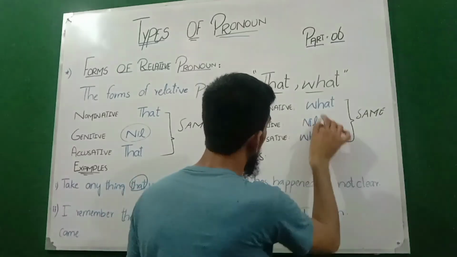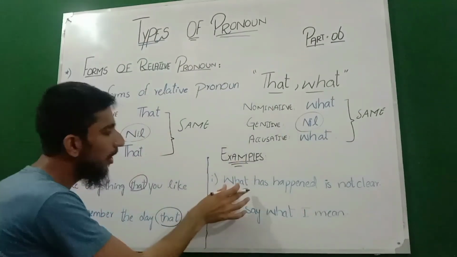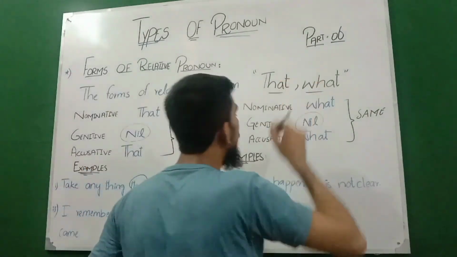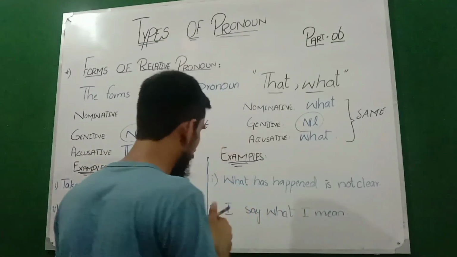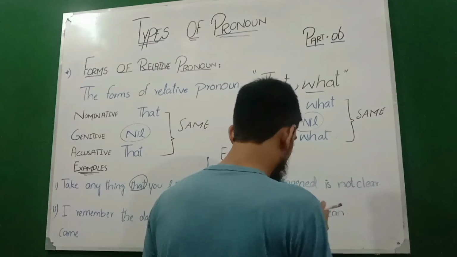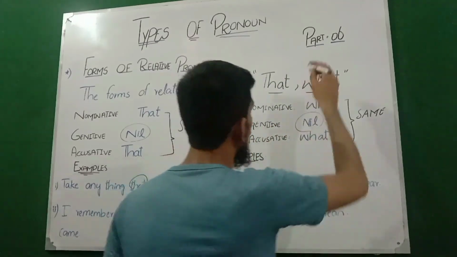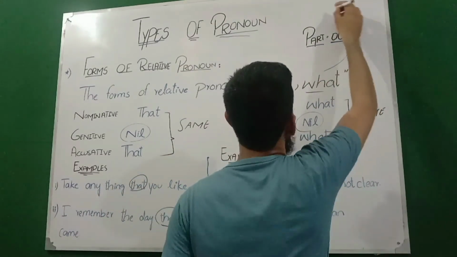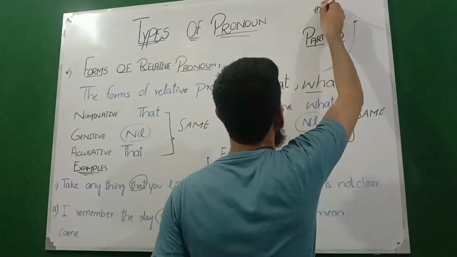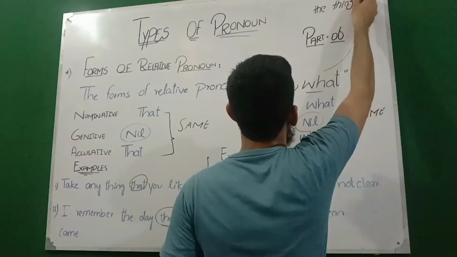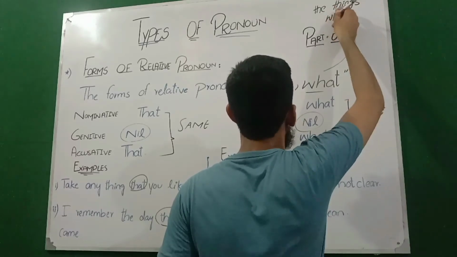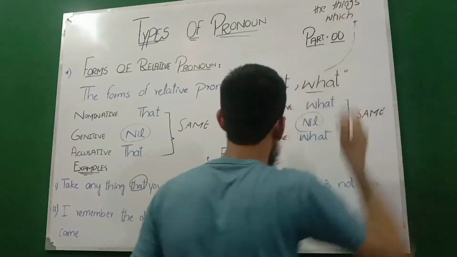That's why I have written nil here. Look at the example. Now remember that "what" basically means "the thing which".